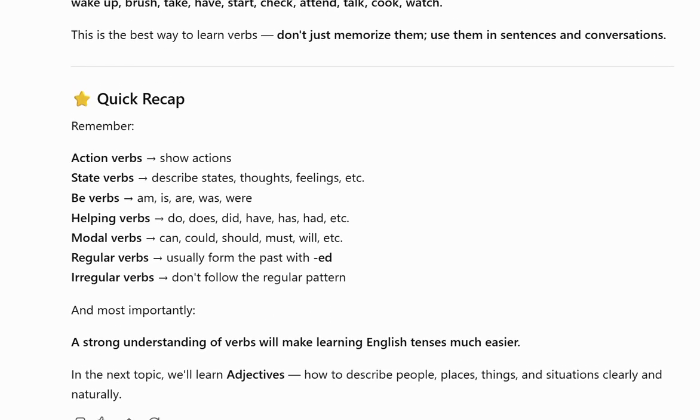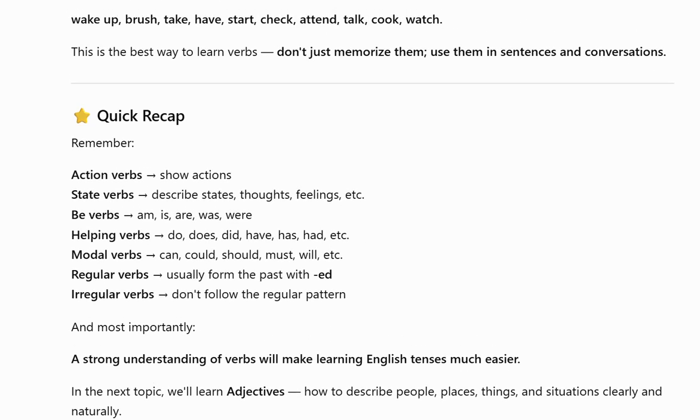Recap. Let's do a quick recap. Action verbs show actions. Stative verbs describe states, thoughts, feelings, etc. Be verbs: am, is, are, was, were.